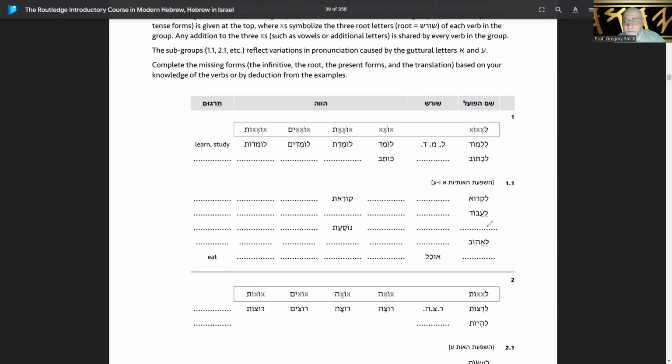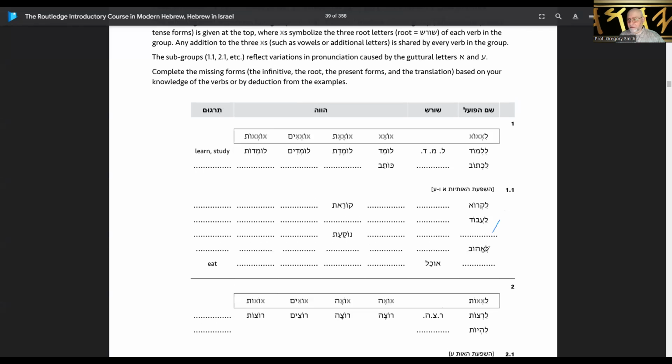Okay, so remember that one we had to insert the verb there. Now we've got le'ehov, le'ehov. That one doesn't like to come up in my Google Translate.